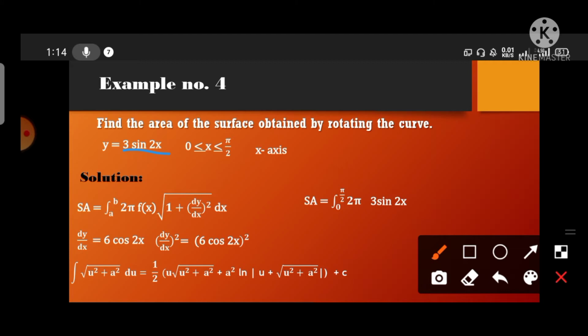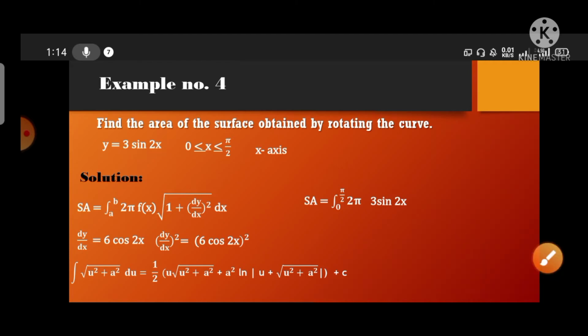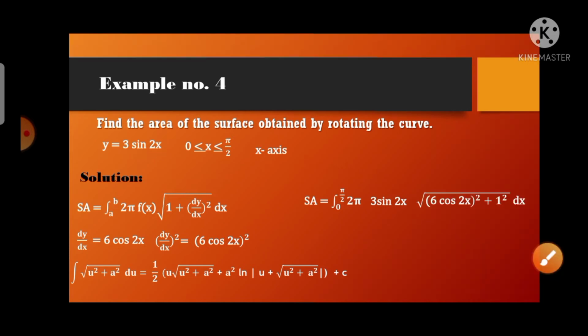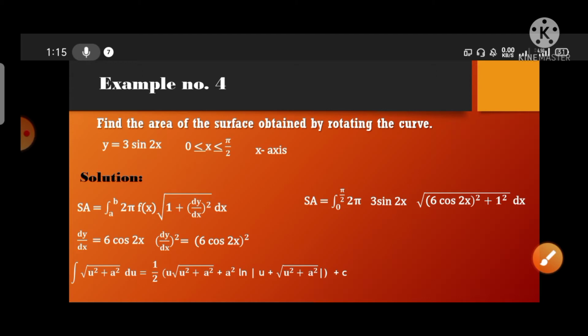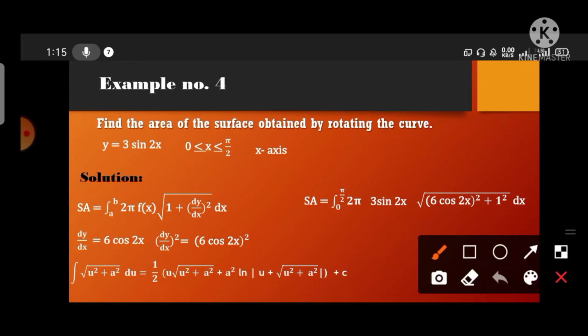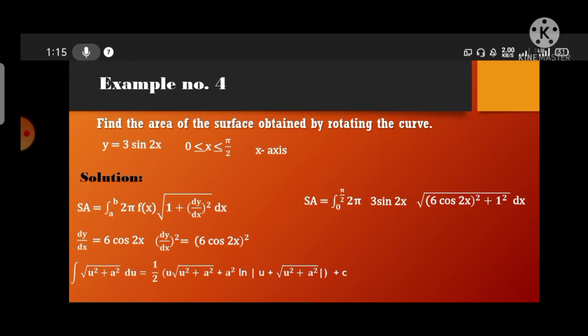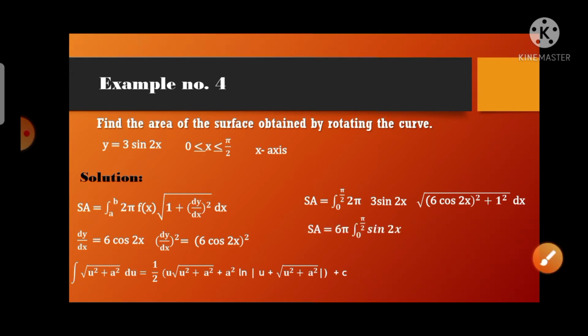The value of f of x is 3 sine 2x, times the square root of 6 cos 2x squared plus 1 squared, since we're using the u squared and a squared substitution. This is our u, this is our a. SA is equal to 6 pi.